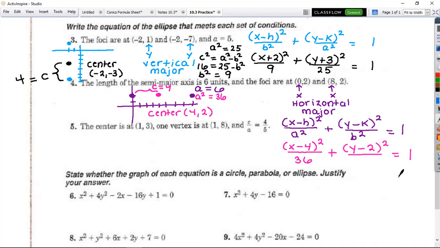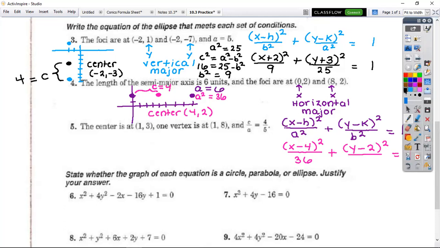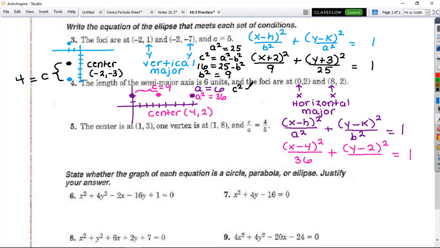All right, so I need to find the b value once again. So I'm going to find some space and do that formula one more time and you are good from there. So I'm going to say that c squared is equal to a squared minus b squared.